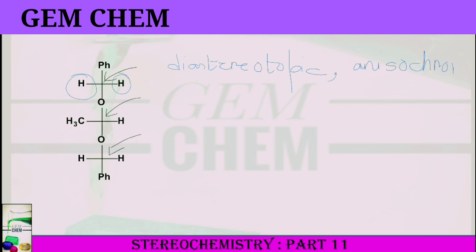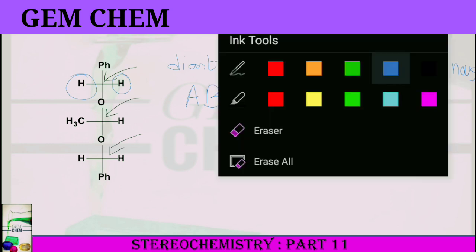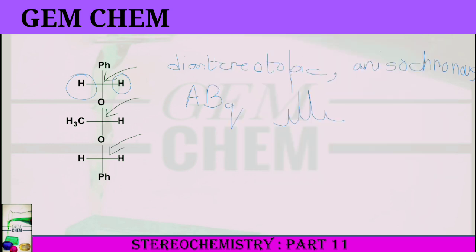So what type of peak are you going to get? That is ABq. It will appear like this. So this is for these 2 hydrogens. And the important part is that here the particular member is having a Ph here. So this ABq quartet, due to the presence of Ph, can further split up and give you a multiplet. There is a chance of formation of a multiplet.